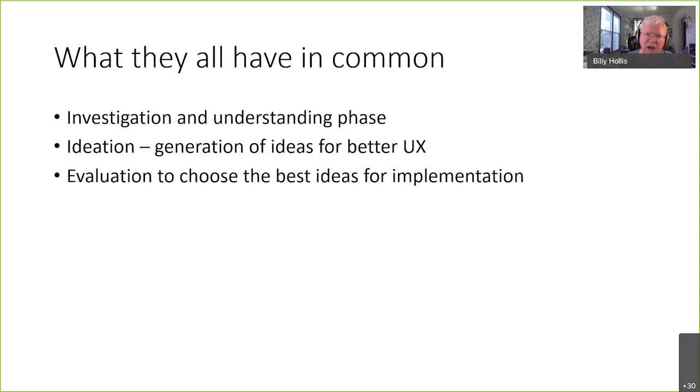Now, the difference here is that this happens in a very rapid cycle. It might be half of an afternoon, 2 or 3 hours perhaps, that you go and observe some users and find out that this particular piece of the screen isn't as good as it could be. You sketch out some ideas, you show them around to some people, decide the one you like best, and then you're ready to implement.